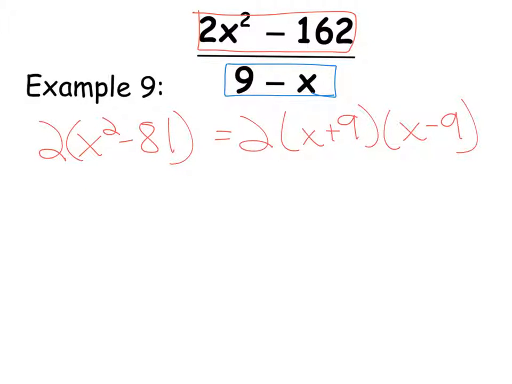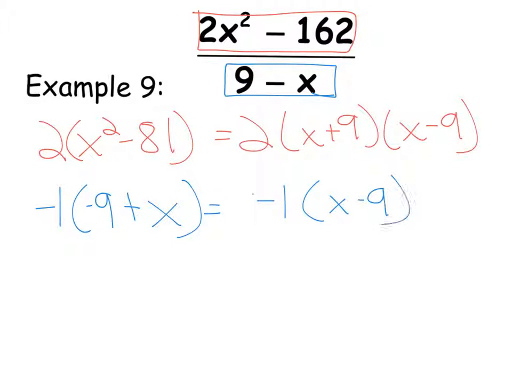So that would give me negative 1 times, well, what's 9 divided by negative 1? That's negative 9. What's negative x divided by negative 1? That's positive x. What is negative 9 plus x? Well, I don't really like the way that's written, so why not go ahead and flip these? And so this becomes negative 1 times x minus 9.